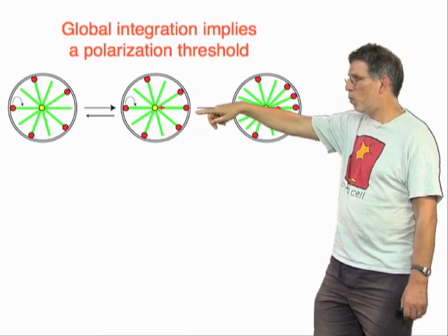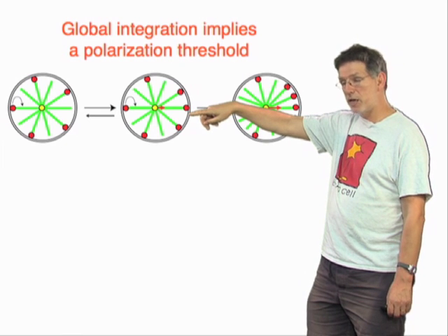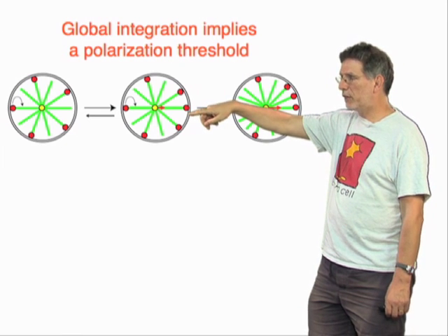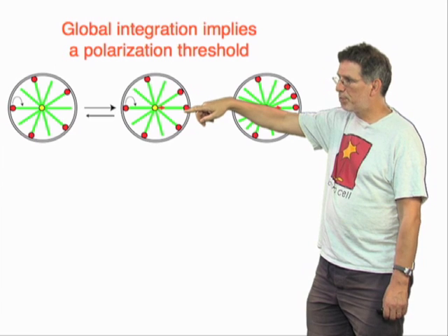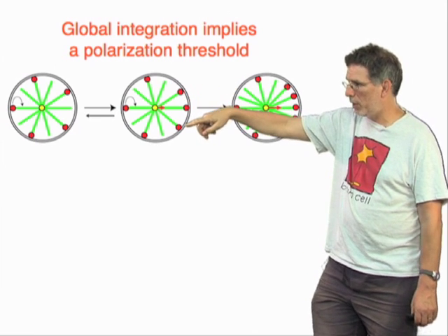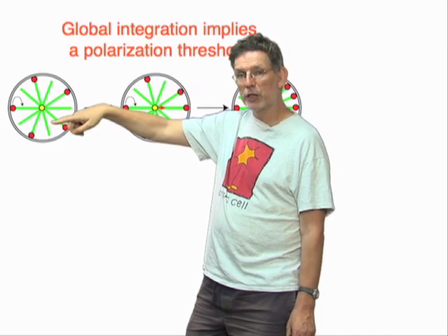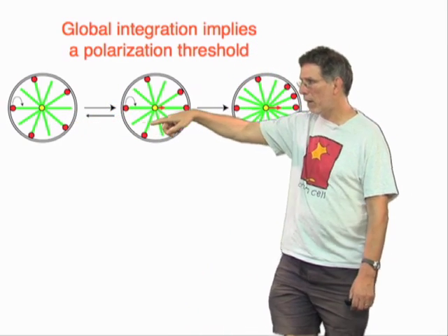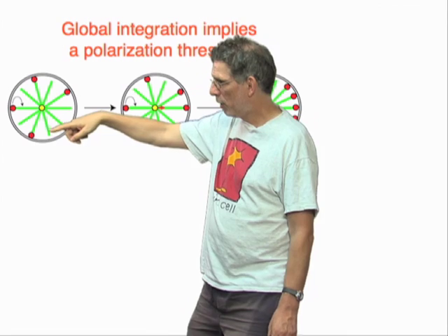We're going to deposit one particle on this side of the cell. Two things can now happen. If this particle falls off or diffuses within the plane of the plasma membrane, you can end up going backwards to this state here. And you can fluctuate, you can go back, you can go forth, you can go back.